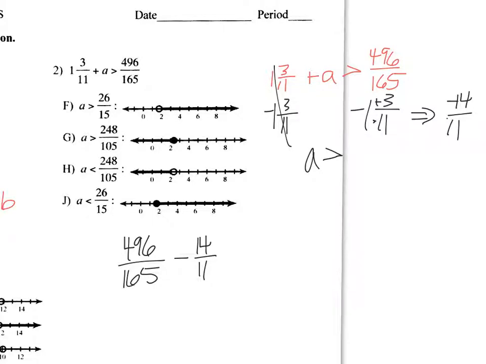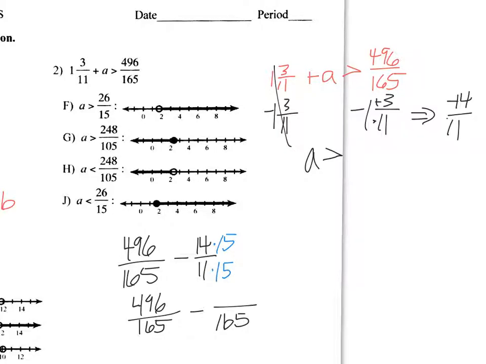So get a common denominator. I have to multiply this by 15, multiply that by 15. So now that becomes 496 over 165 minus, now the bottom here is 165. If I do that, 10 times 14 would be 140, and 5 times 14 would be 70.